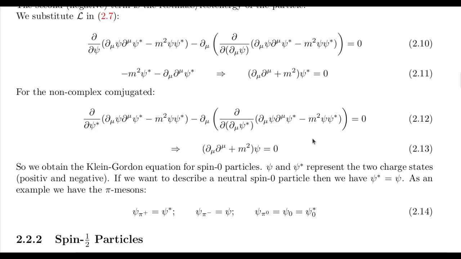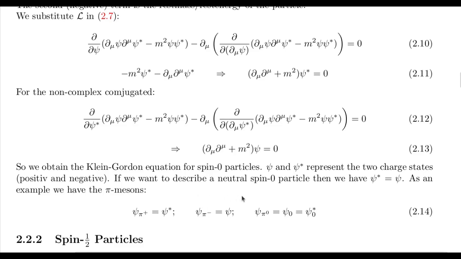So we can consider the pi mesons. So we could say the psi star is a pi plus, and the psi is a pi minus particle.